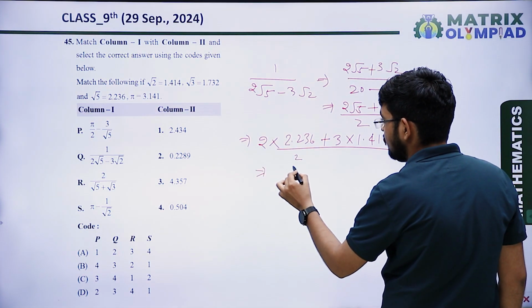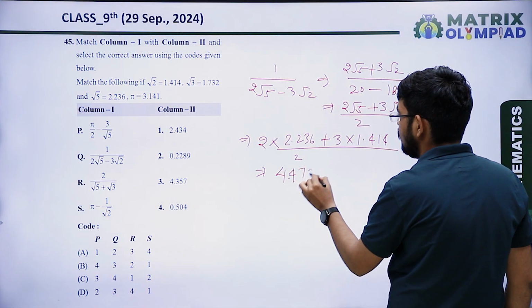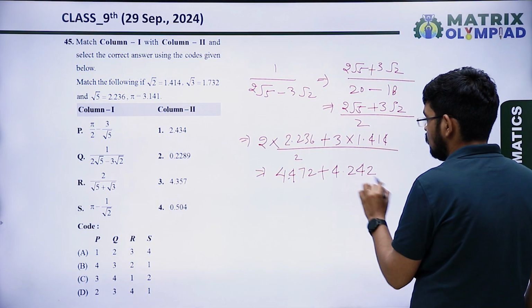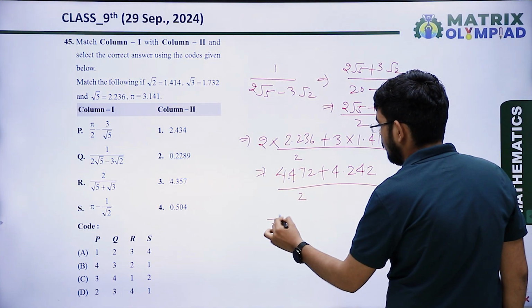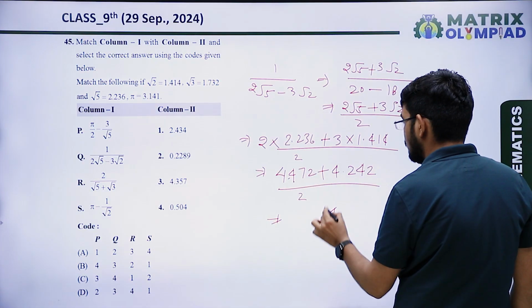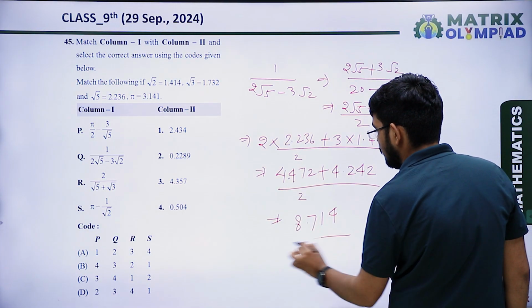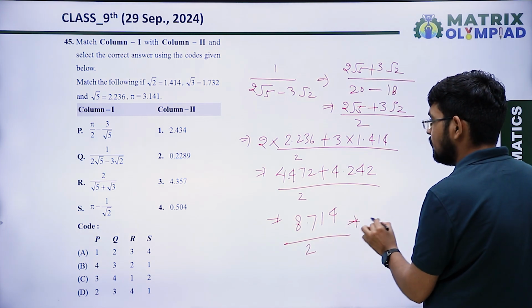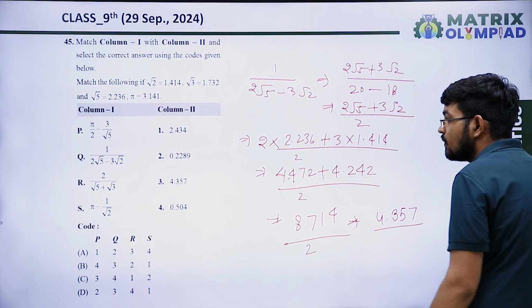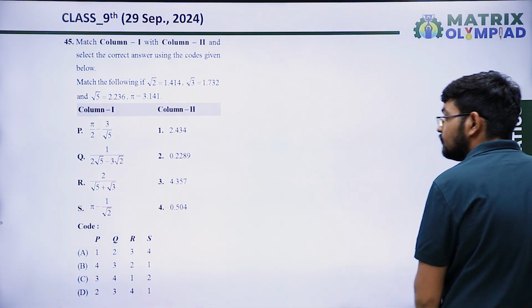So you will get 4.472 plus 4.242 upon 2. After simplification you will get 8.714 upon 2, so it will be 4.357. Okay, so Q's correct option is 3.